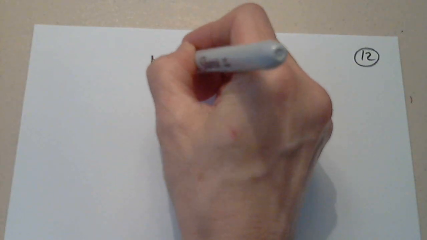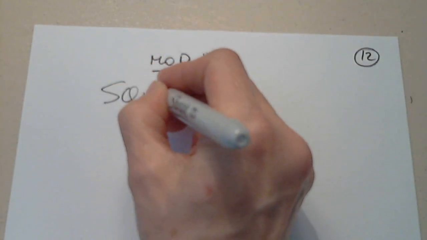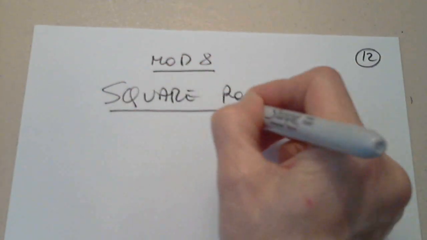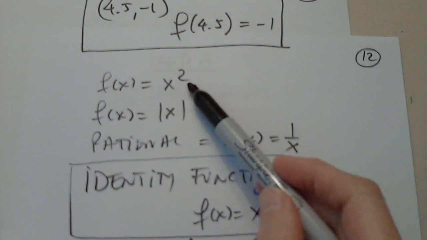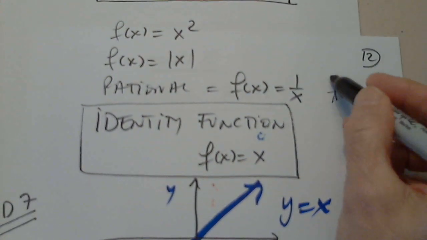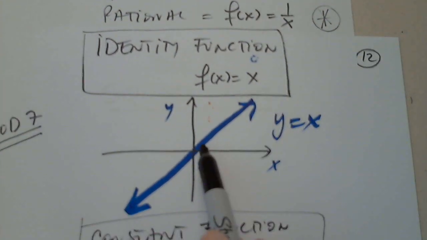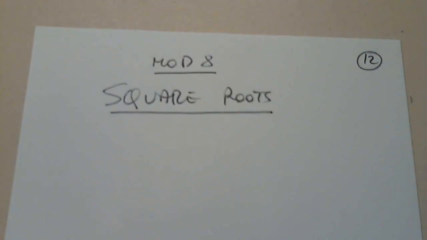So in Mod 8, we talked about square roots. This is a new function for you. X squared, the absolute value of x, 1 over x, which we do not know the graph, it's a more sophisticated function, the identity function, and the constant function. So we're going to talk about the square roots.